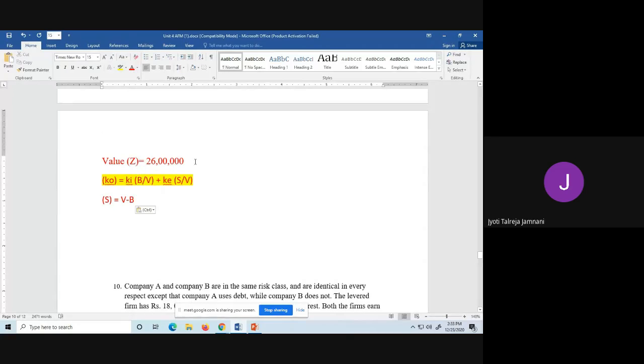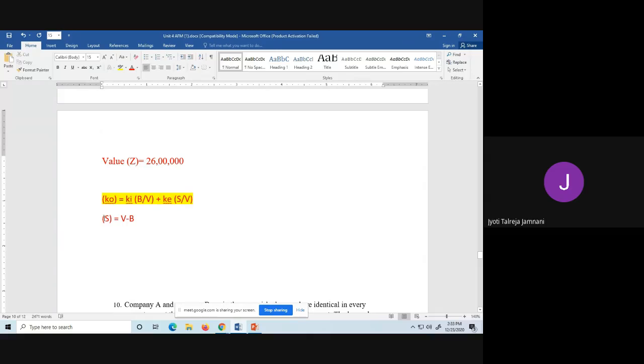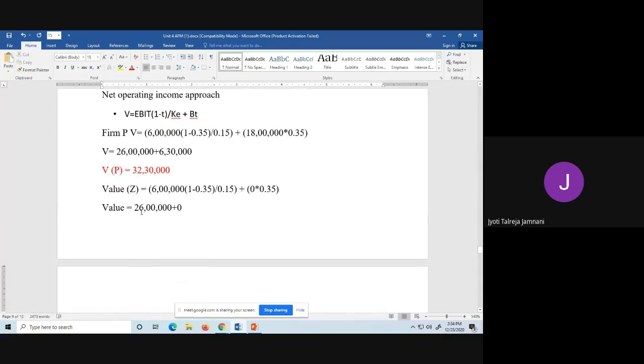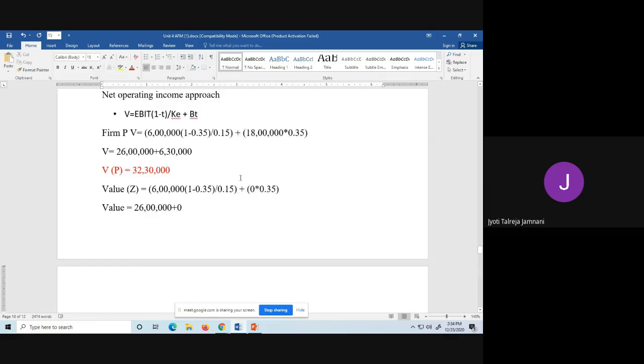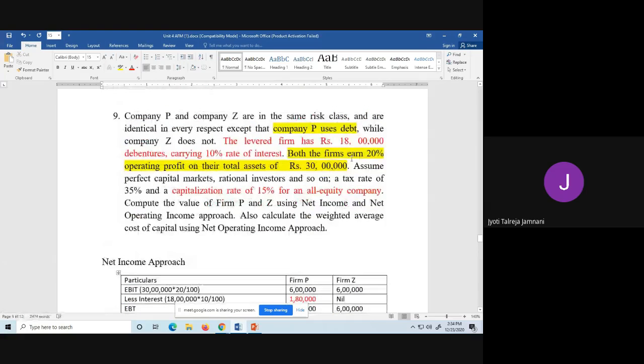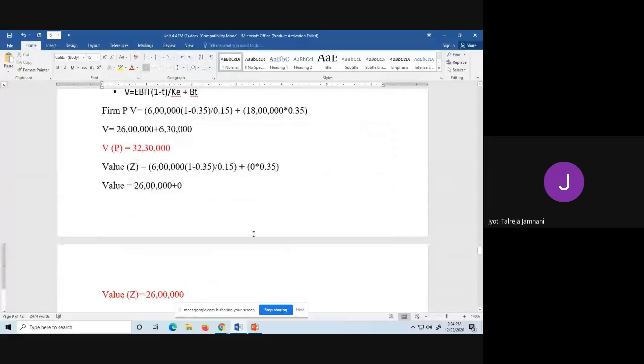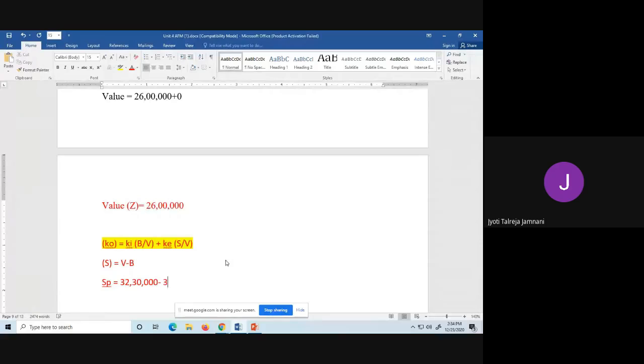So here, first we'll find the value of equity, which is nothing but S is equal to V minus B. So here we'll do it for company P first. I'm finding S for company P, which is equal to the value of company P. Value of company P is 32,30,000 minus the value of debt for company P.